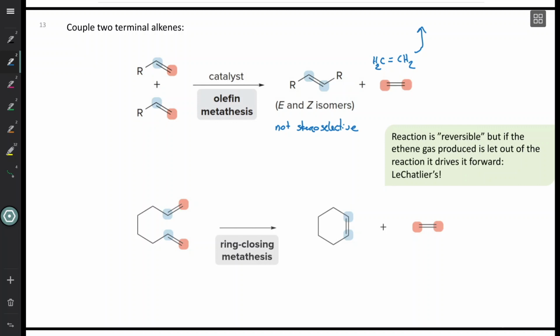If you are doing this intramolecularly, it's called a ring closing metathesis. And the same thing, you have to have two terminal alkenes. And what's nice about this one, it works well with lots of ring sizes.